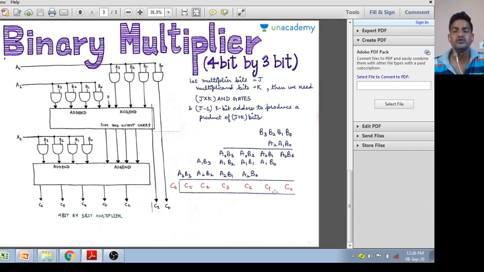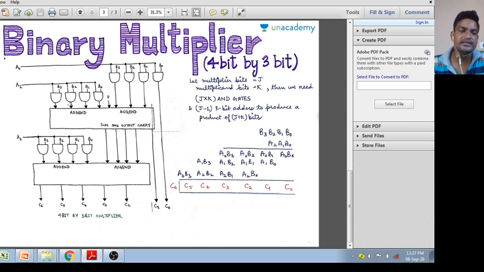So what you need to remember: if there are j bits of multiplier and k bits of multiplicand, in this case a total of j into k, 4 into 3 is 12, so j times k AND gates will be required, and always remember that j minus 1 parallel adders will be required.